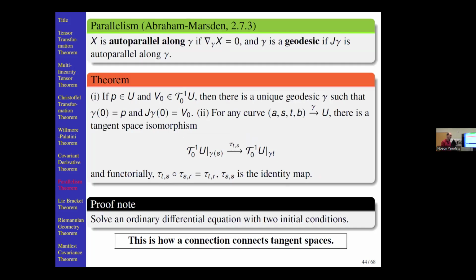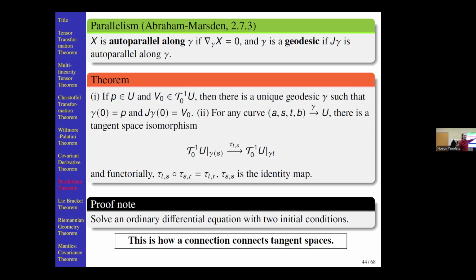Going back to parallelism, here's a short sequence of theorems based on Abraham and Marsden's book. First of all, the vector field is parallel to itself along the curve if its covariant derivative is 0. And the curve is a geodesic if the derivative of the curve is autoparallel.